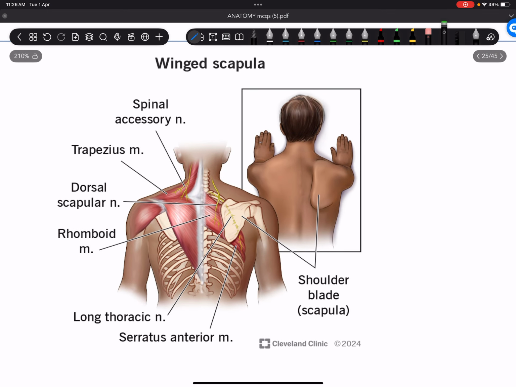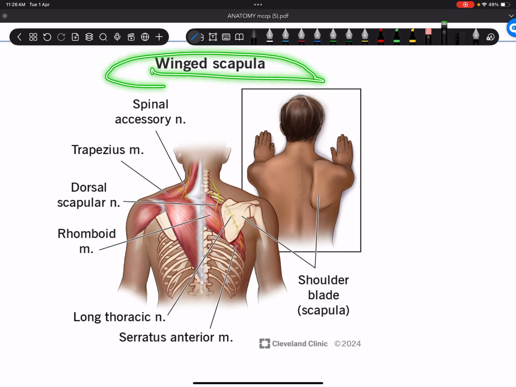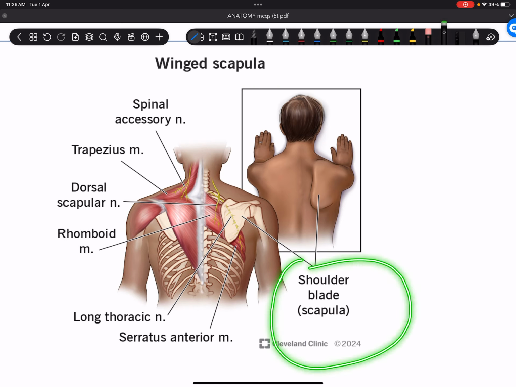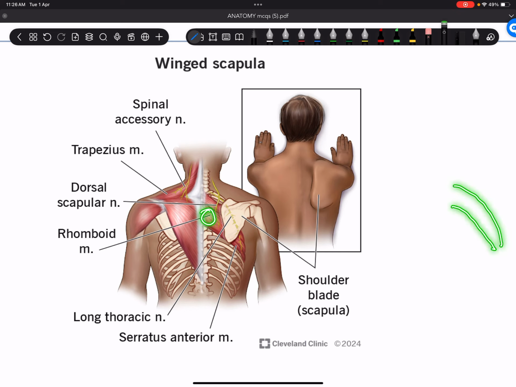This is the image you can learn. Okay, winged scapula. Shoulder blade, scapula. This looks like this. Now, where is the long thoracic nerve? It's there. Where is the serratus anterior muscle? It's there. Okay. Rhomboid muscle, this.